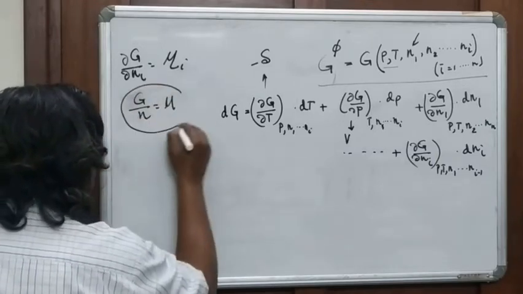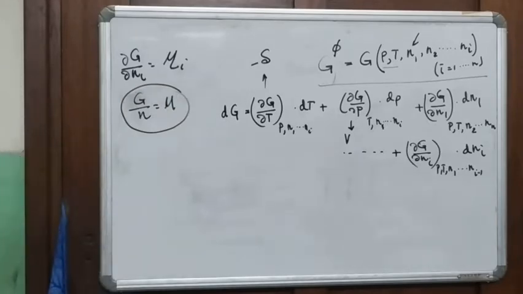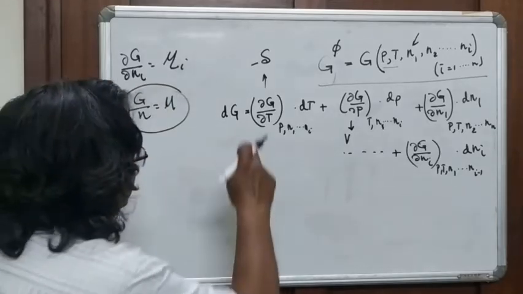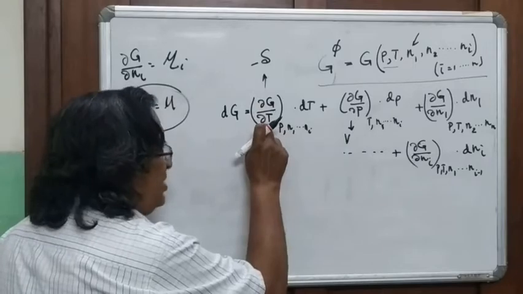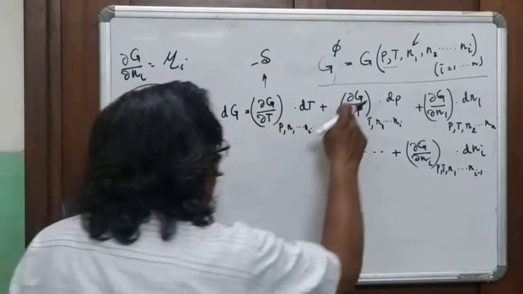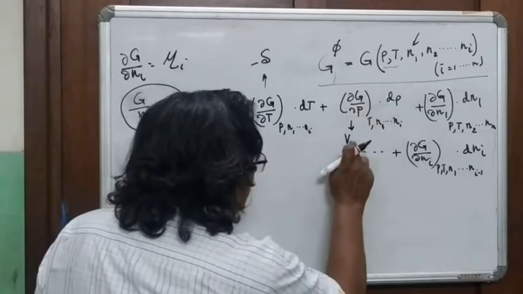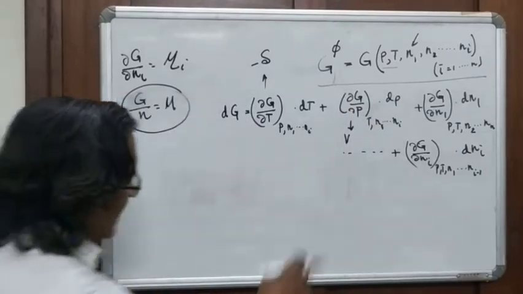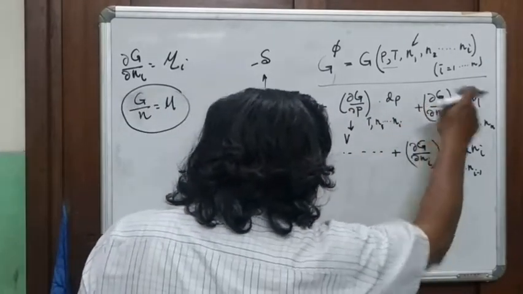Even if you make it even simpler, for you to remember it very simply, this is what it comes to. The derivative of G with respect to T is minus entropy, remember. Del G by del P is volume. And del G by del Ni is mu i.